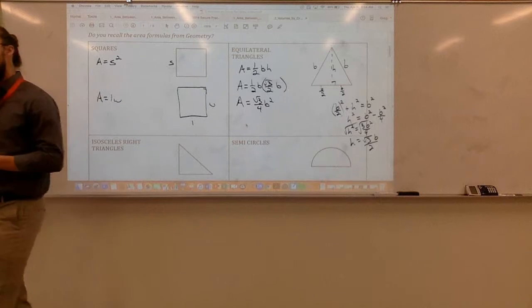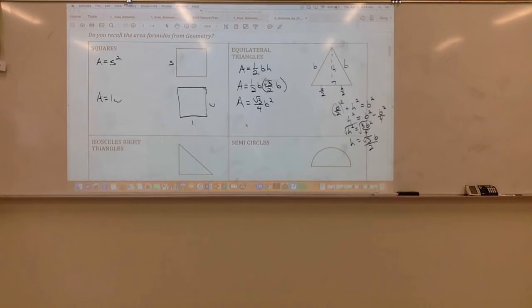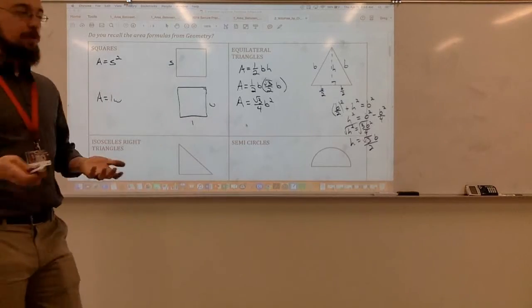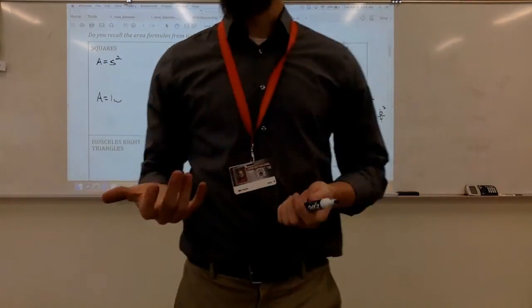So this is our area formula for an equilateral triangle: square root of 3 over 4 times the base squared. All right. You okay with that one? Okay, that's really the only complicated one.